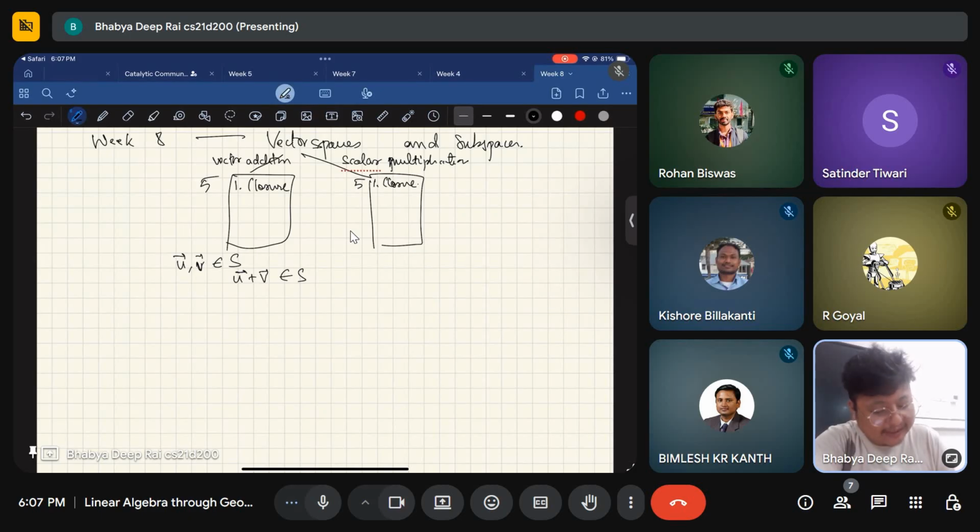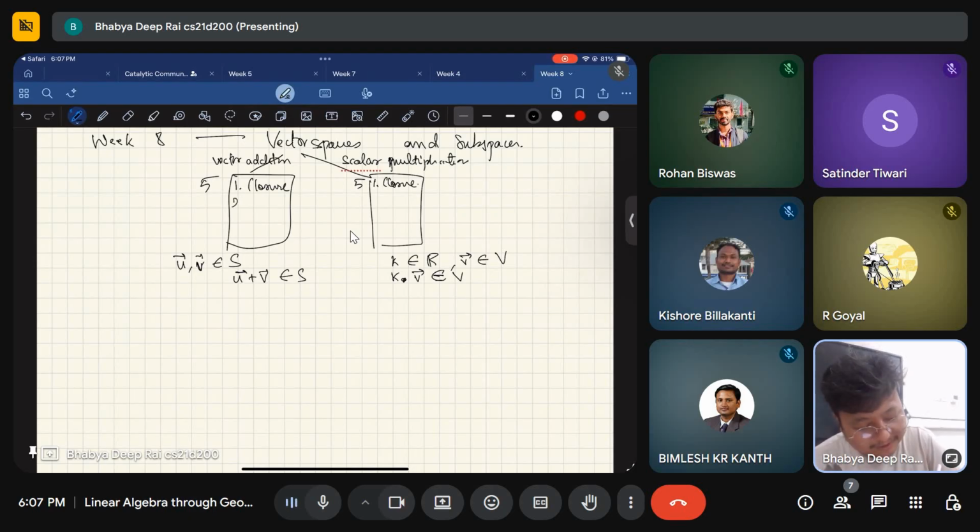And closure under scalar multiplication means that if I have a scalar k and I multiply k with a vector v that belongs to the vector space, then kv will again be in the vector space. It's closed both under vector addition as well as scalar multiplication.